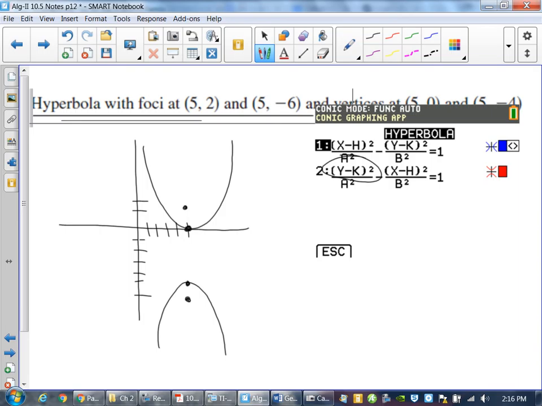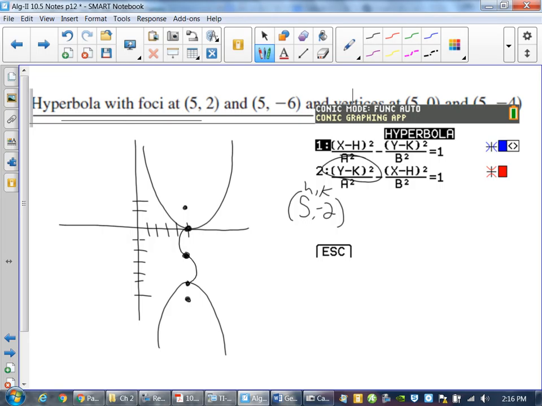So what is -4 plus 0? What's half of -4? -2. So I know that my center is at (5, -2). How far is it from here to the vertex?